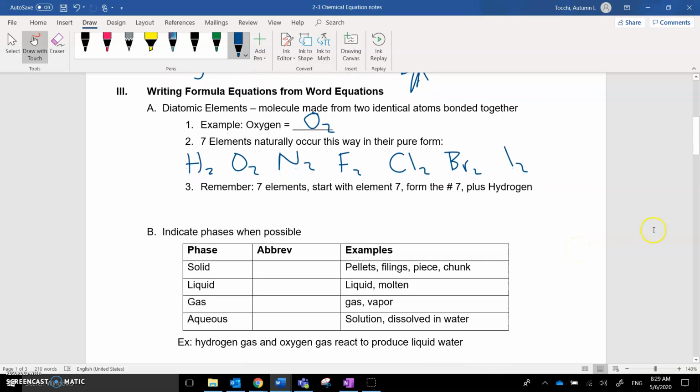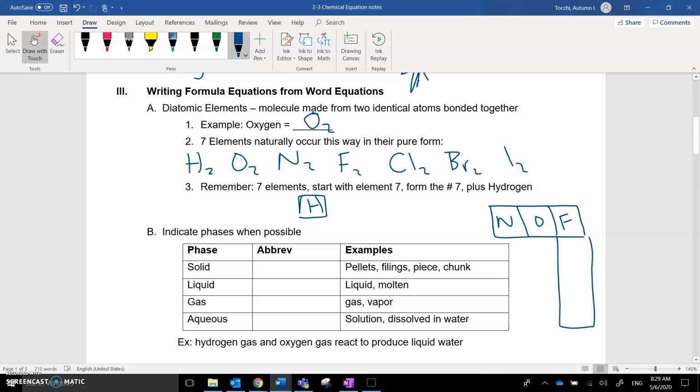The way that a lot of people remember it is you can actually have hydrogen and then form the number 7 on your periodic table. So I challenge you to look at this later, but what it looks like is I have my hydrogen all the way over here, and then on my periodic table, I have boxes over here where I have nitrogen, oxygen, and fluorine.